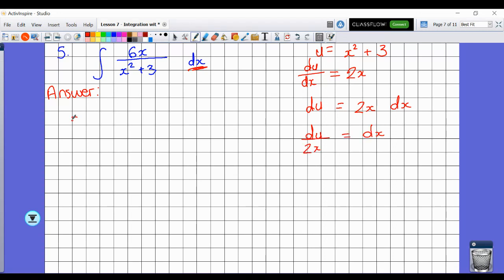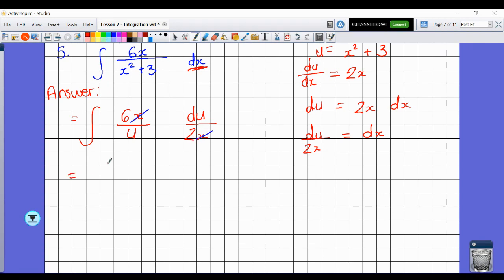There we go. So back to the integral, I'm going to swap dx for du over 2x. If you look back at this fraction here, on your bottom, that's what you said that u was. And if you look at the top, we've got 6x. Now, if you think ahead, we've got an x on the bottom here, which is good, because then it cancels. X on the top, x on the bottom.